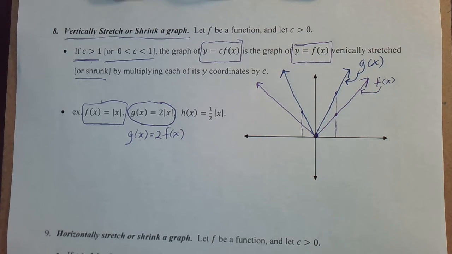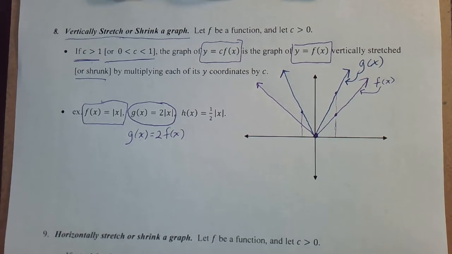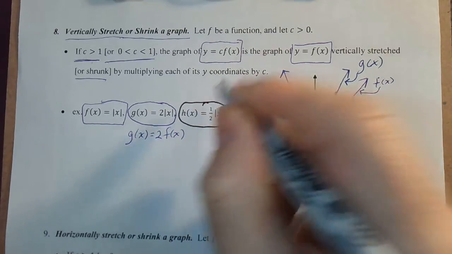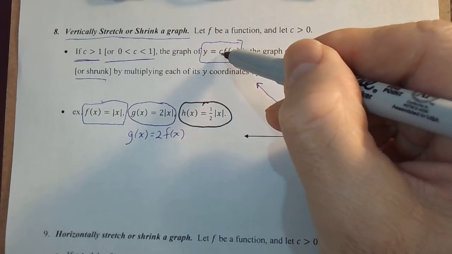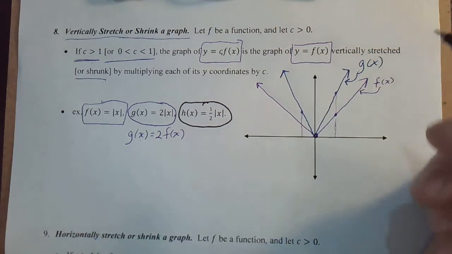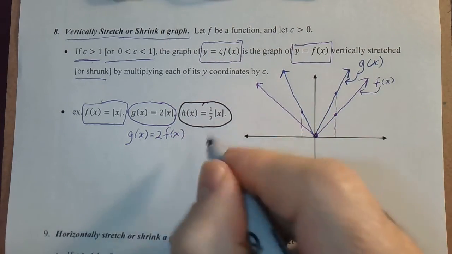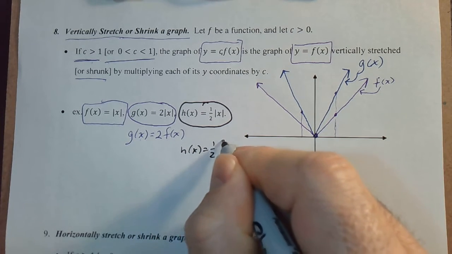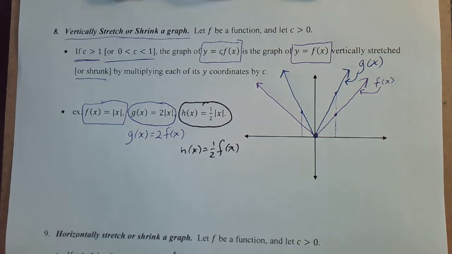All right, so now let's move on to h. In h, we see that the value of c is 1/2. It's between 0 and 1, so we're going to shrink the graph vertically. Notice that h of x is 1/2 times f of x.